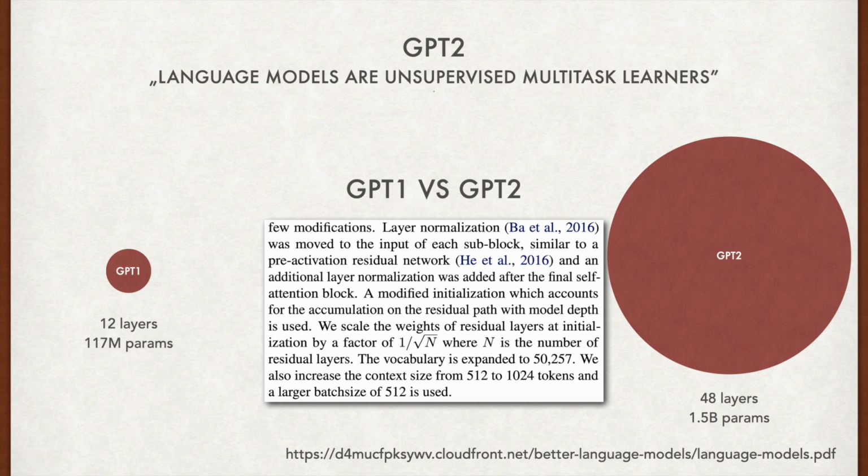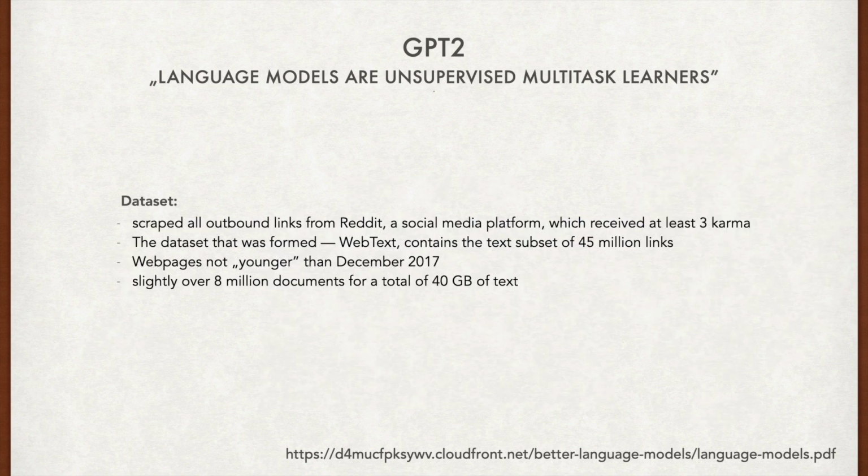So the biggest GPT-2 model is about 12 times bigger in terms of parameters than the previous iteration. And as we will see in a moment, this increase in size will have a key role in our story. OpenAI decided not only to experiment with the architecture itself, but they also decided to use a bigger dataset to train their language model.